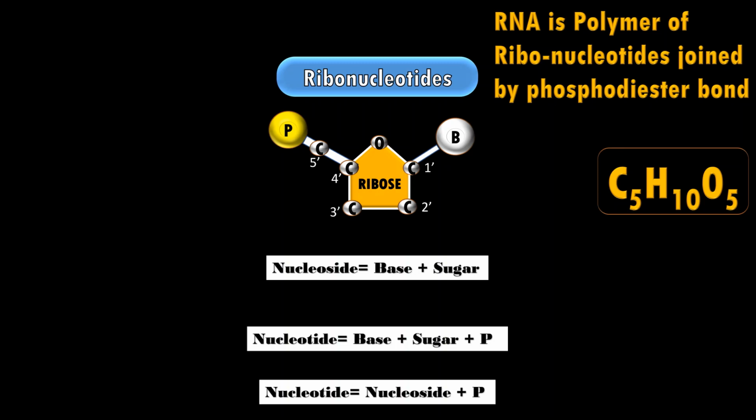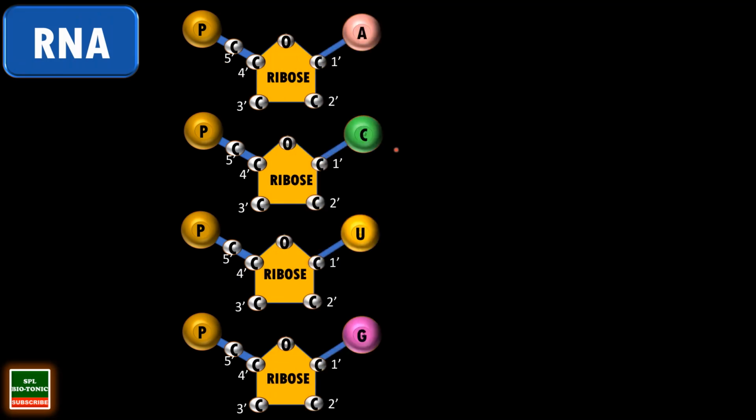Now students, to understand structure of RNA, let us see the structures of these nucleotides. Now the first nucleotide is adenosine monophosphate. Second is cytidine monophosphate. Third is uridine monophosphate. And fourth is the guanosine monophosphate.